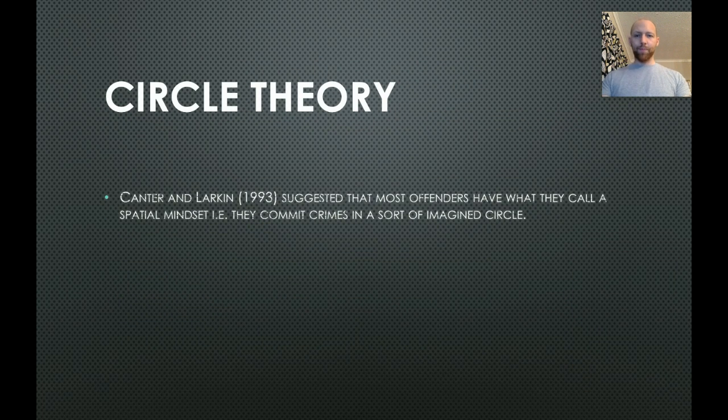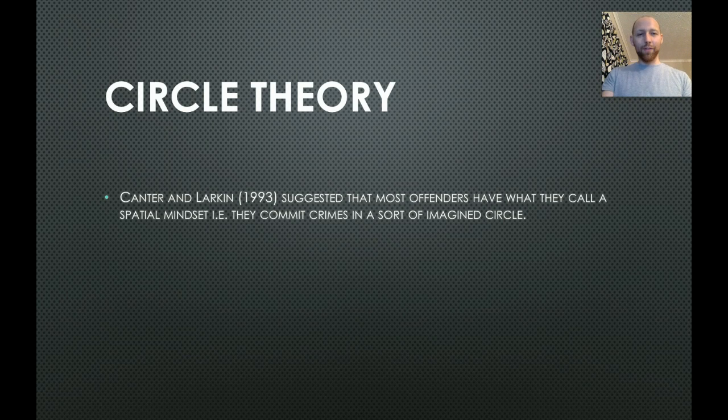Circle theory then. This is another element of Canter's theory, developed by Canter and Larkin in 1993, and suggests that most offenders have a sort of imaginary circle set in a geographical location within which crimes are committed. A bit like cats never leaving a sort of 2-mile circle from home.